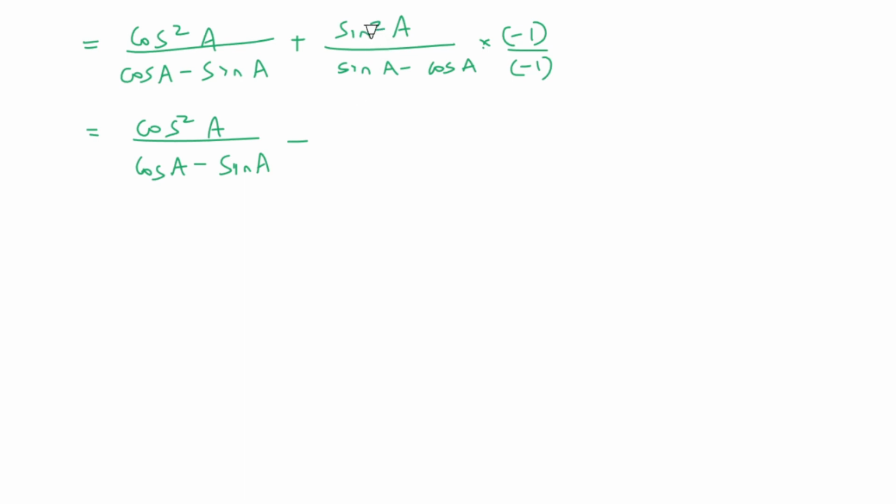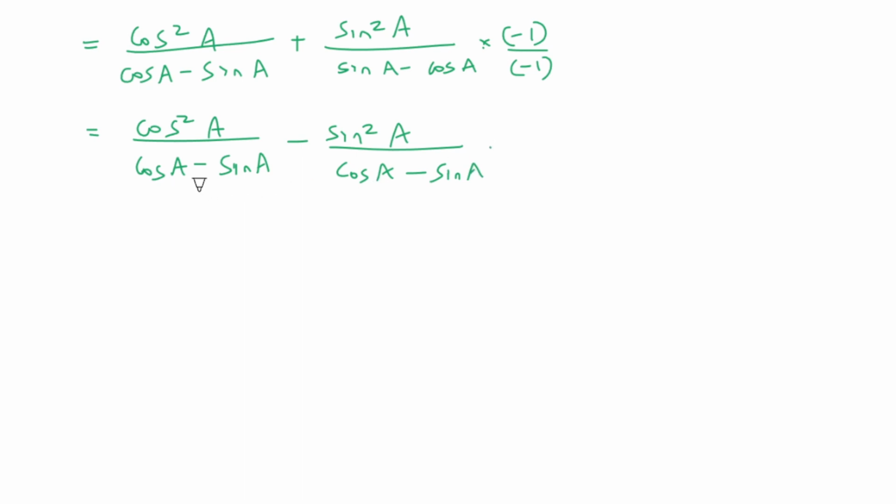So 1 times sin square A becomes sin square A. Multiplying this minus 1 with the minus cos A becomes plus cos A, and then minus 1 times plus sin A becomes minus sin A.